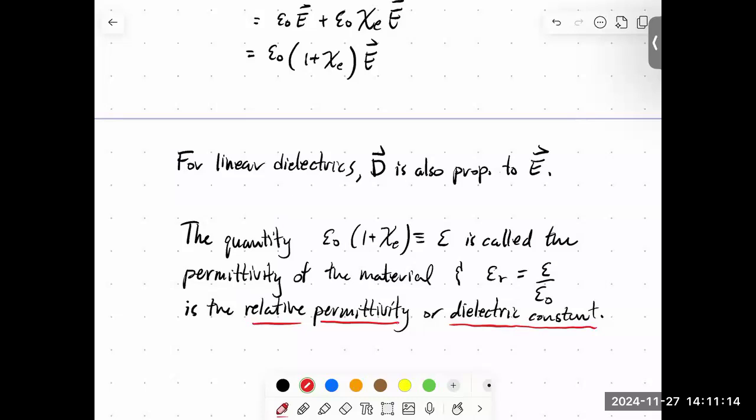In a later chapter in Griffiths, if you take 401, you'll find that the susceptibility and the permittivity can be complex quantities. Let's imagine that you had an electric field oscillating at some frequency.